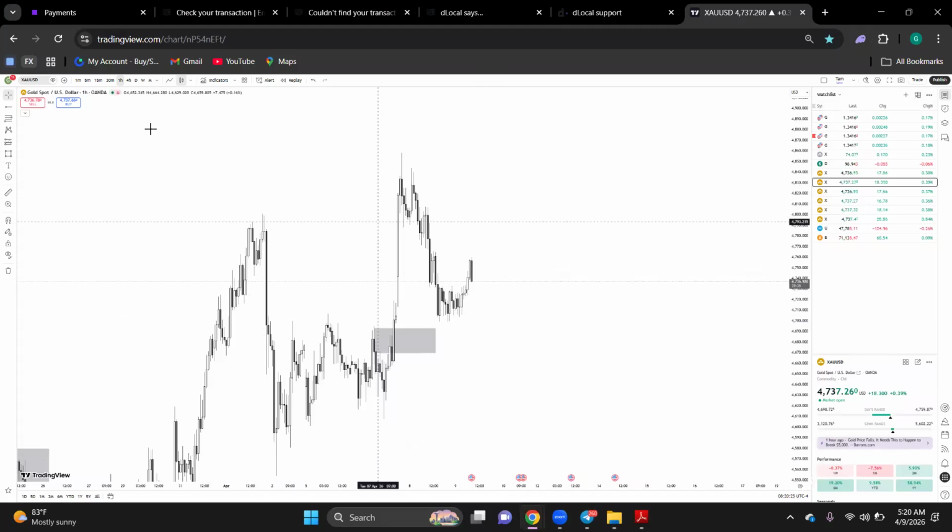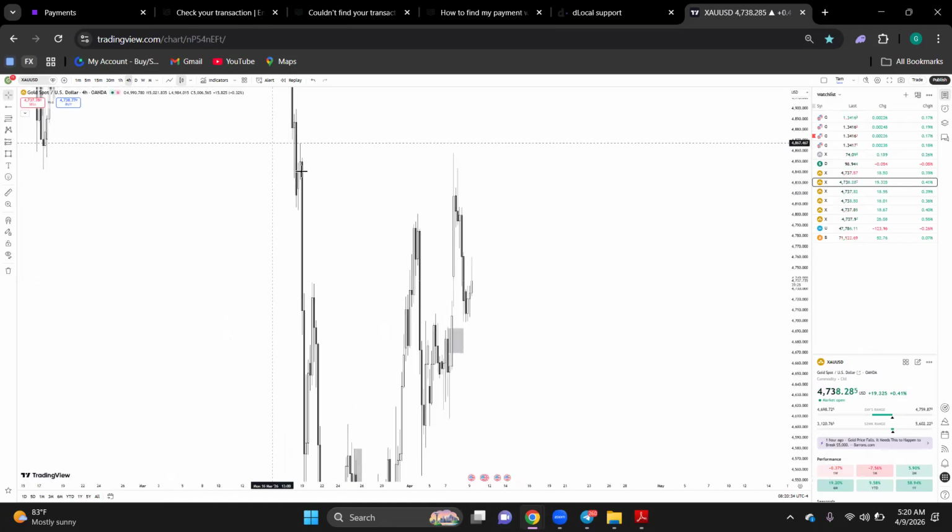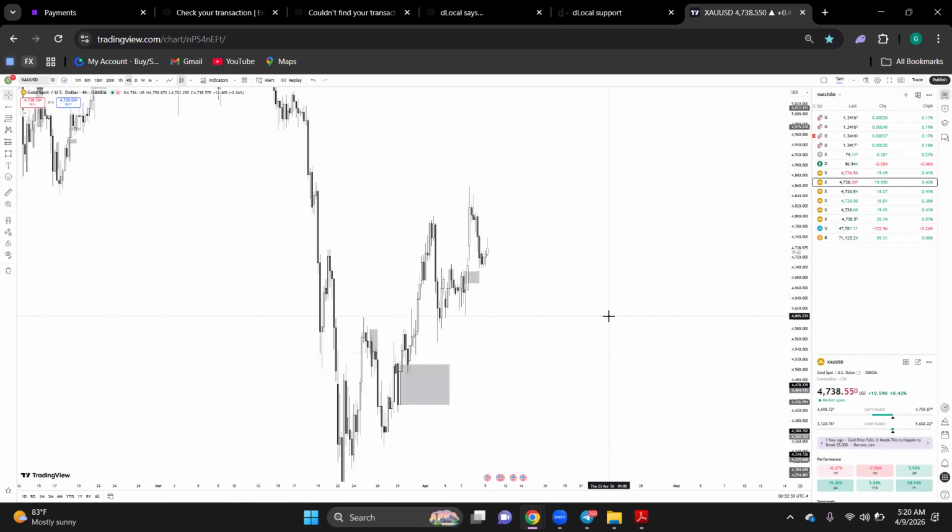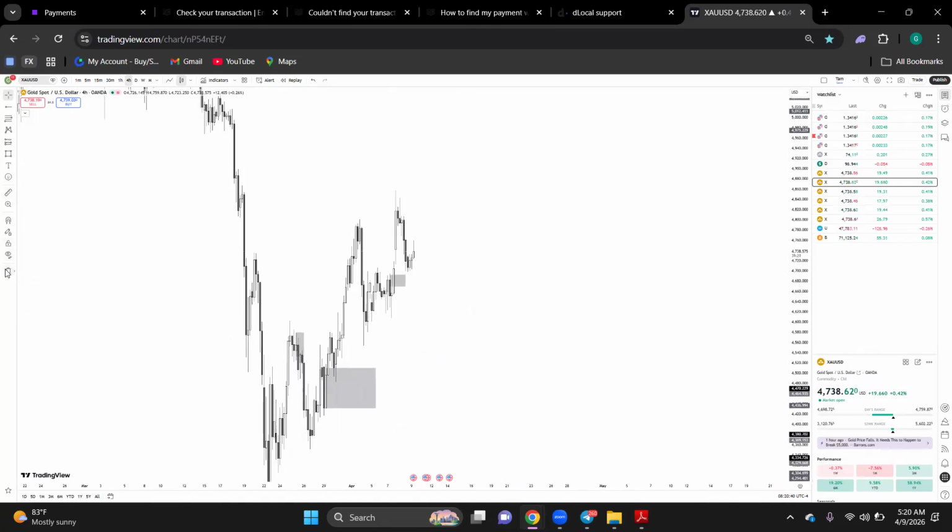Before we continue, this is gold, and a lot of traders did struggle with understanding what price was going to do. Based off the concept I've shown you all over and over again, we saw the price was in a very clean bullish trend.